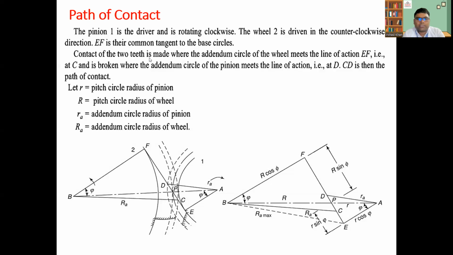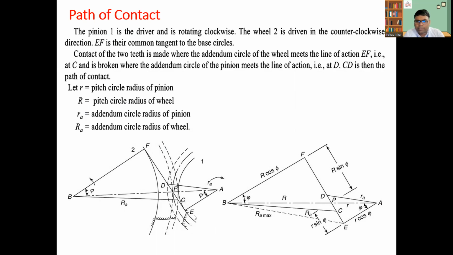So let's understand this concept, path of contact. Simply we can say the path of contact is where the two mating gears come in contact. This engagement begins when the addendum circle of the wheel meets the path of travel, or we can say the line of action.